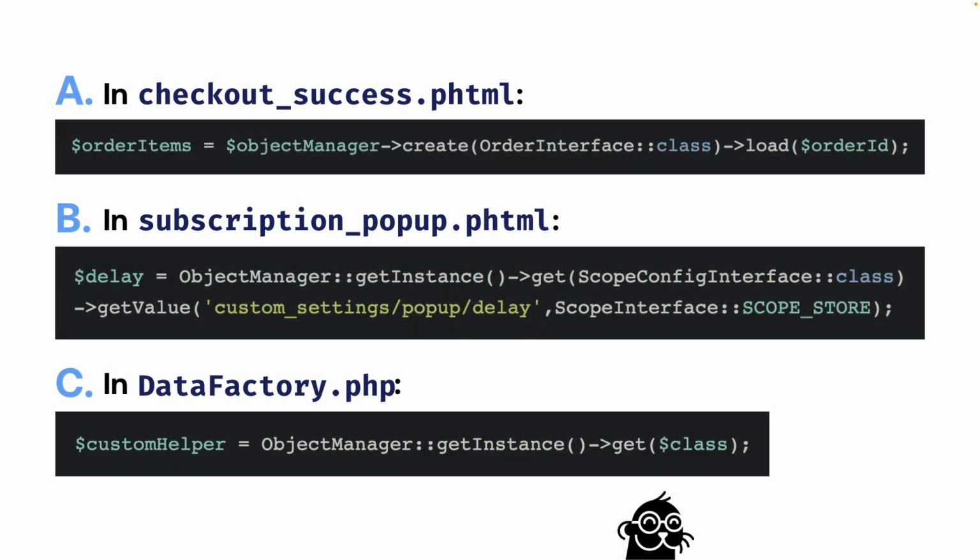What this tells me is that the developer didn't know how to, or perhaps, dare I say, was too lazy to create a view model, inject the OrderRepositoryInterface into that view model, and then provide an opportunity to load that or expose it into this checkout_success.html file.